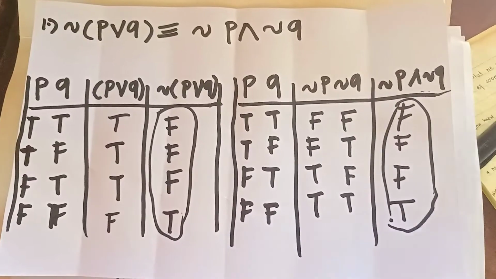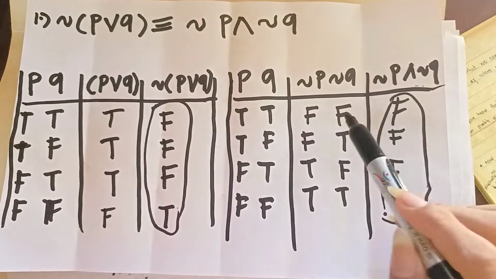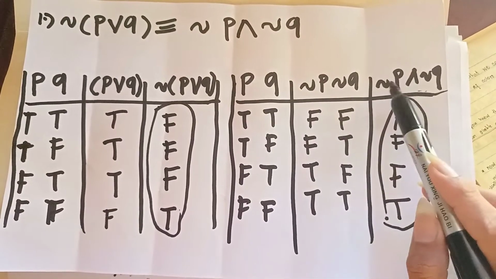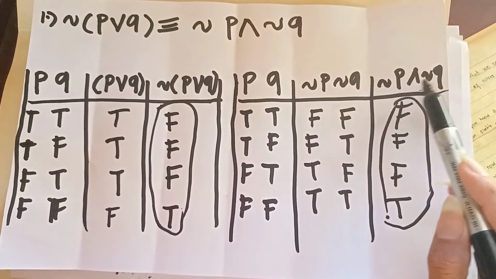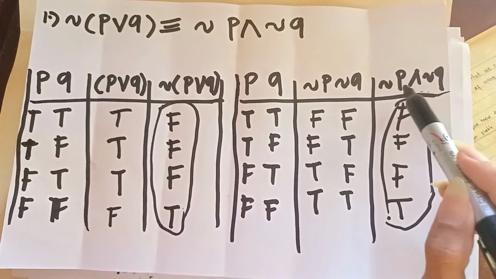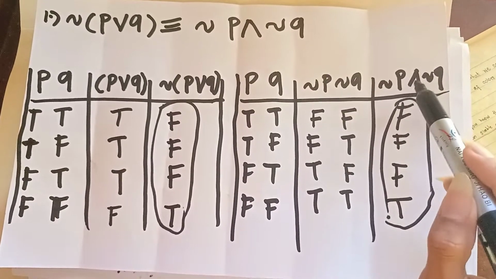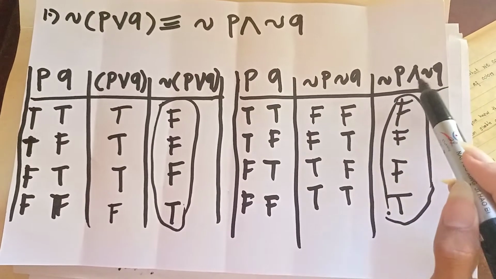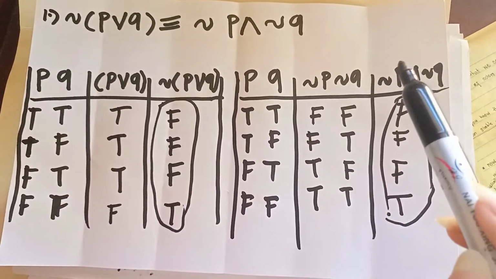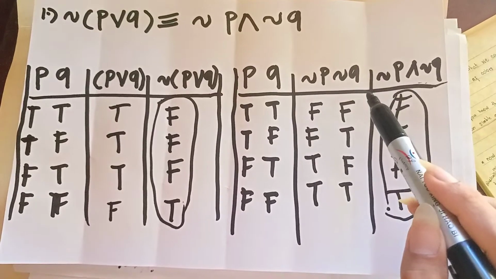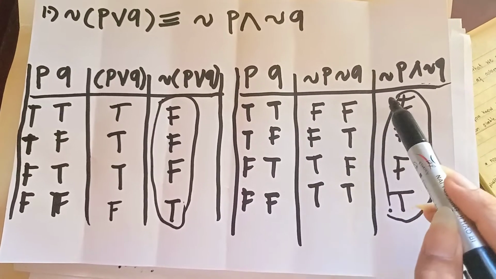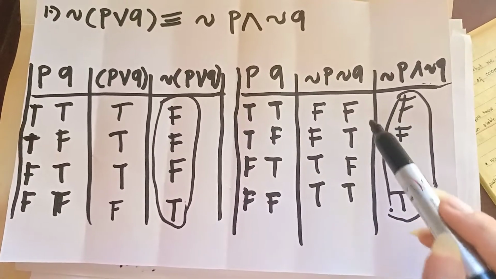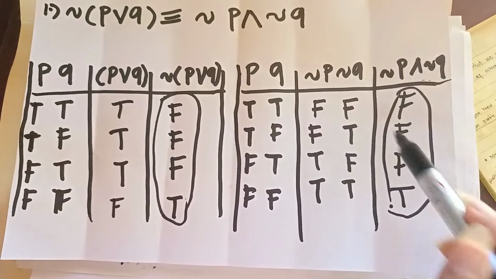So here, our statement is not P and not Q. When the connective in our statement is AND, then by the rule of AND, if both statements are true, then the whole statement becomes true.